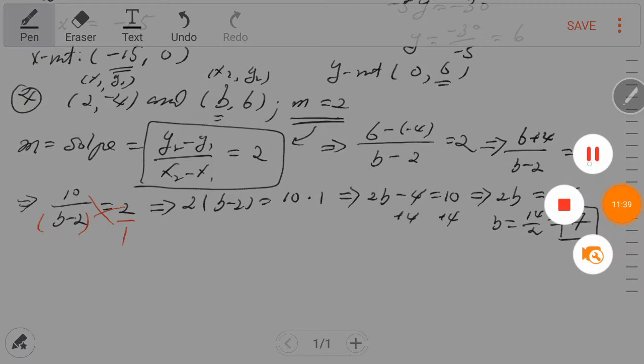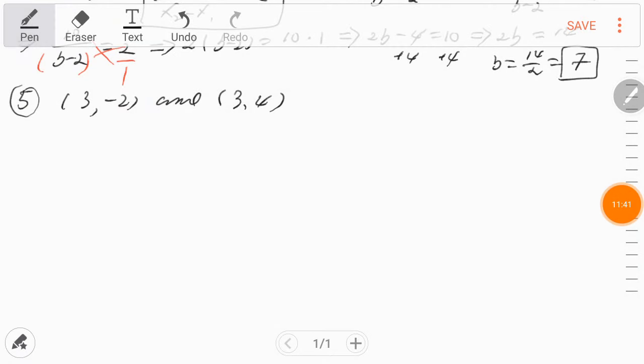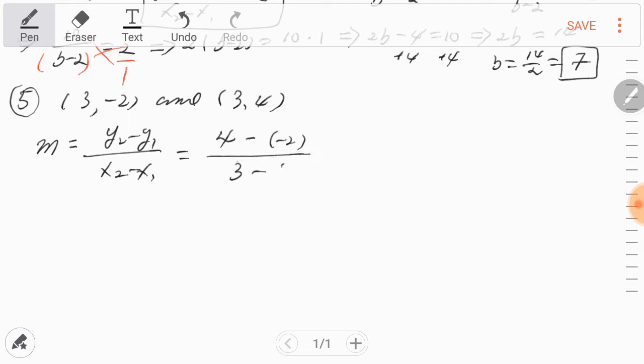Okay, find the slope of the line passing through these 2 points. This one is pretty simple. Just use the formula, right? So y2 minus y1 over x2 minus x1. Then 4 minus negative 2 over 3 minus 3.